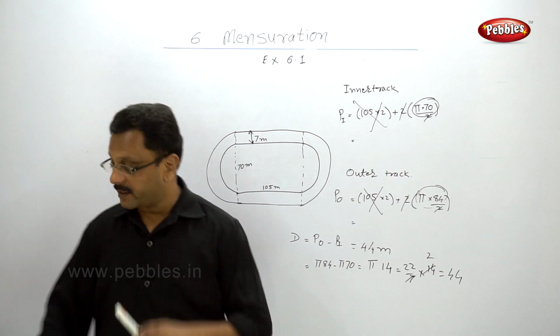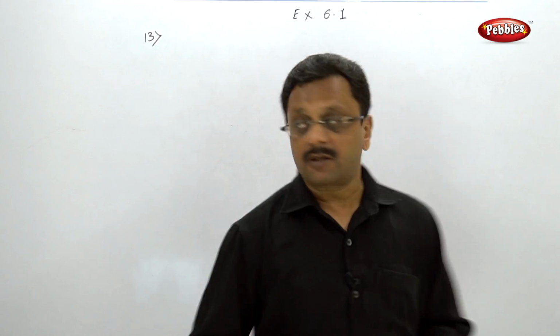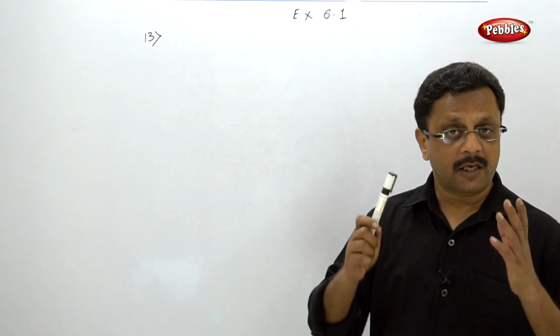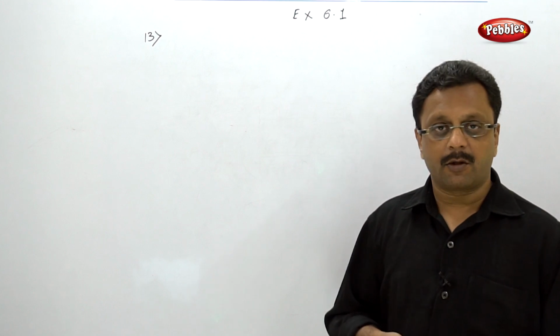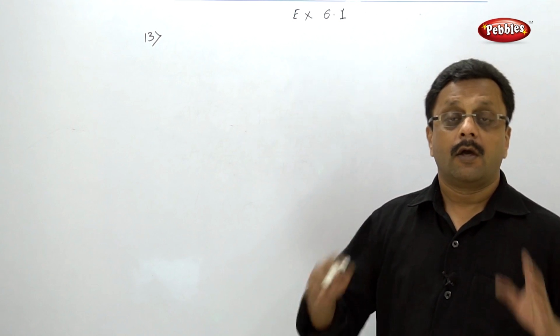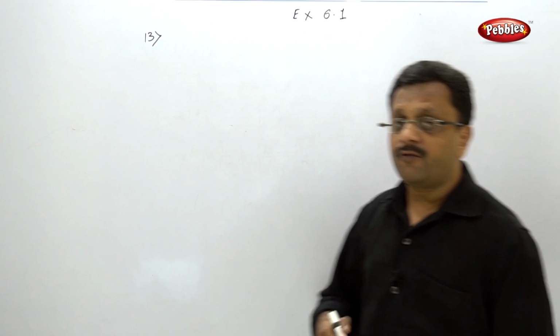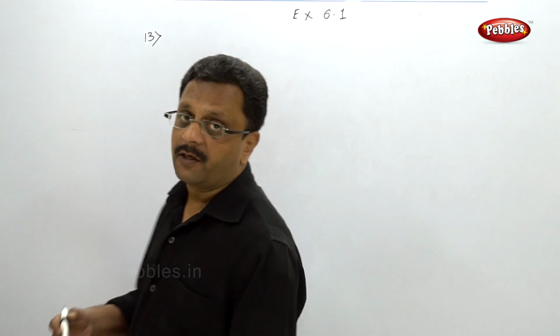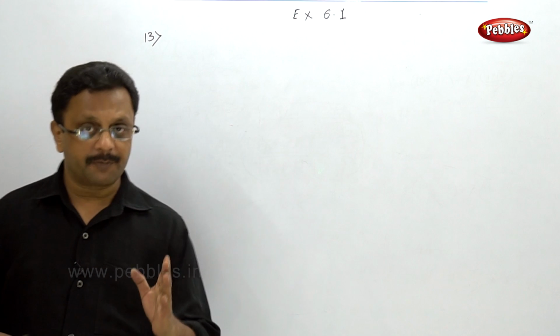Let us go for the next example. Example number 13. Just like the previous example, in this example also the figure is given, but still we will try to draw the figure with the help of the description.